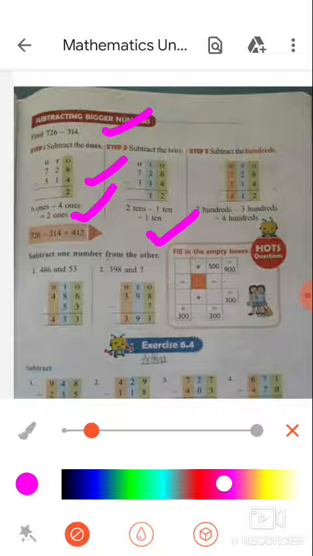Now in the third step, subtract the hundreds. So here 7 hundreds minus 3 hundreds equals 4 hundreds. So here when we subtract 314 from 726, we will get the answer 412.